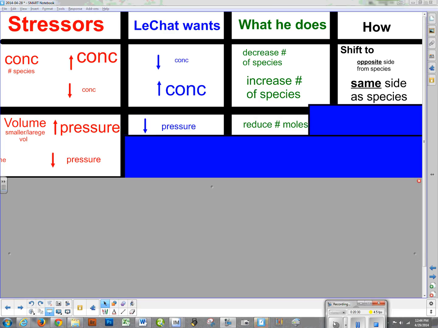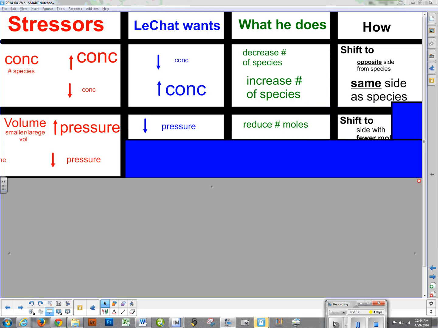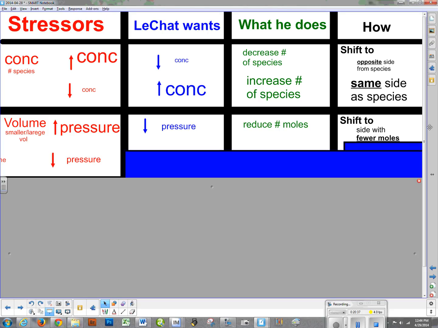So what we're going to do in this scenario is we're going to look at this line. So go ahead and copy this down, and you want to turn off the recording and do that, and then we'll continue. Okay, now that you have that down, let's go ahead and fill in the column that says what LeChat wants.